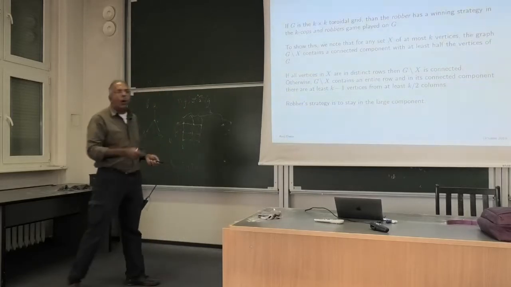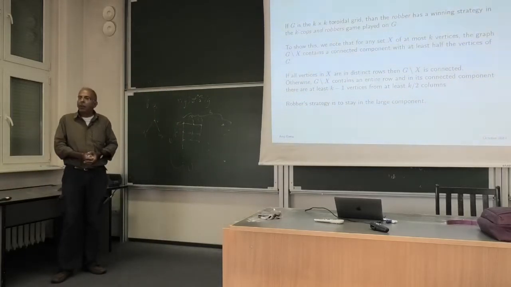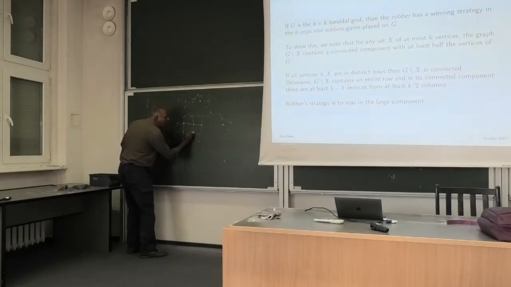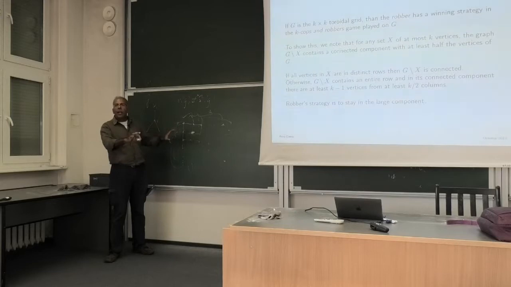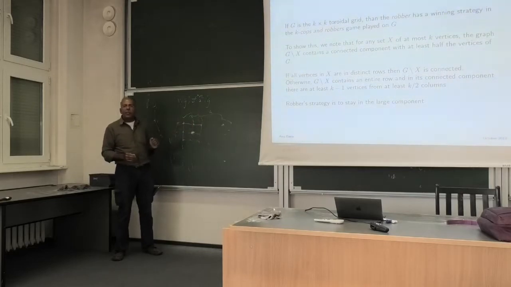Now, what is the robber's strategy against k cops? The strategy is simply stay in the large component. Robber is at some point in this grid, and this is the large component in the sense that it's connected to more than half the graph while avoiding X. Robber moves from X to some other position.